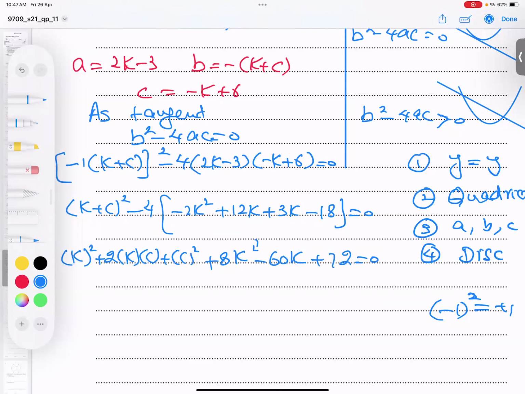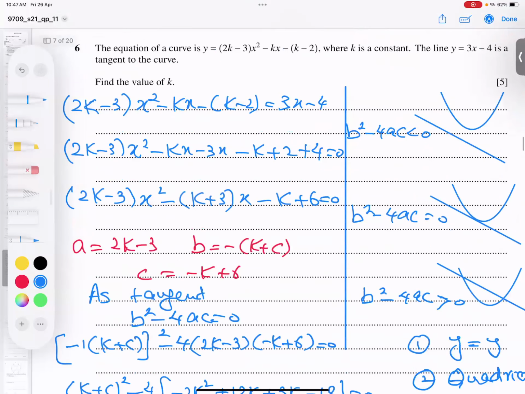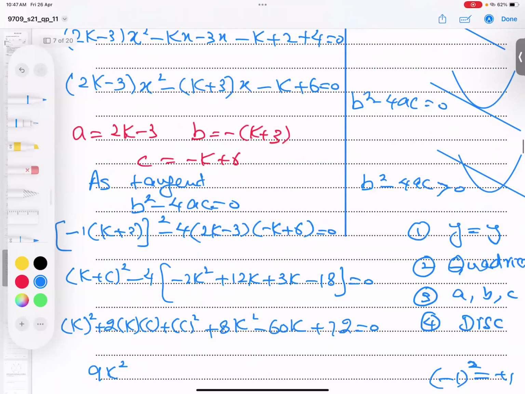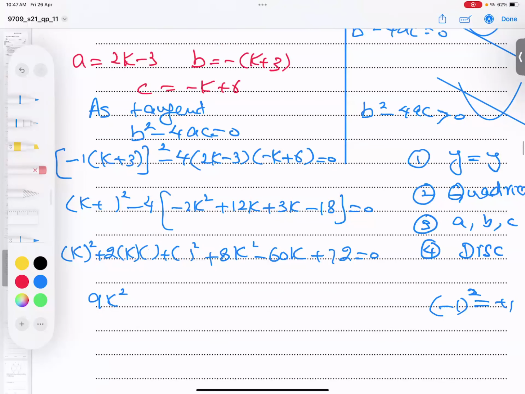Now 8k square plus k square gives you 9k square. And wait a minute, I think this C, from where did I get C? Oh, sorry for that. It's not C, it's a 3. Okay, so let me write here 3, and here 3. This is 3. Okay. All right.